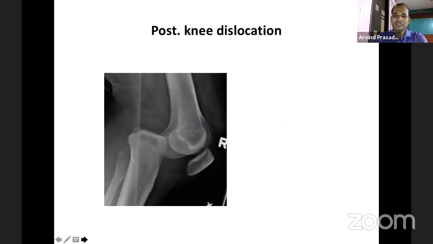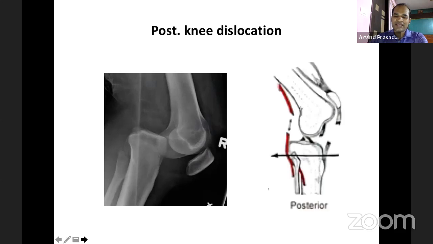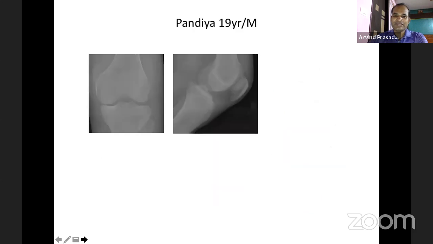Of all these, posterior dislocation of the knee joint has a very devastating outcome, because as the tibia moves posteriorly, there is a chance of injury to the popliteal artery because of the posterior placement of this structure. Like in this case, a 19-year-old male with knee injury, following which he had an absent distal pulse, which was diagnosed immediately after injury, and the patient was sent to us.